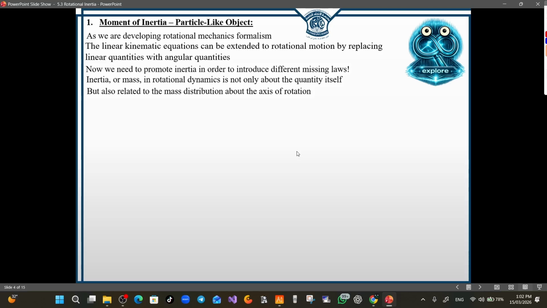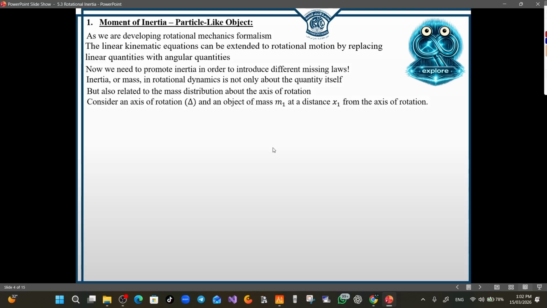Here in rotational dynamics, when we start working with Newtonian mechanics, we need to modify the mass in order to take into consideration the distribution of the mass around the fixed axis.